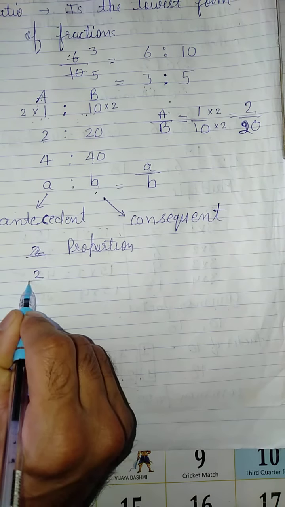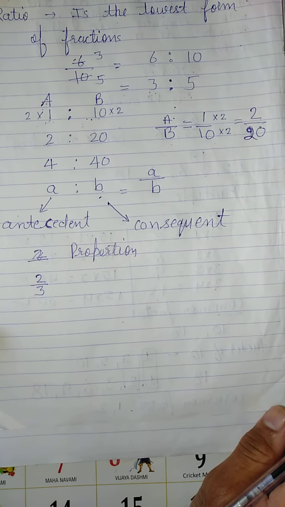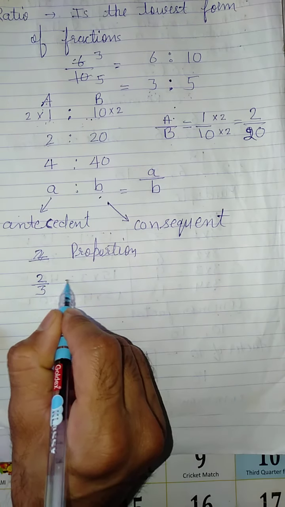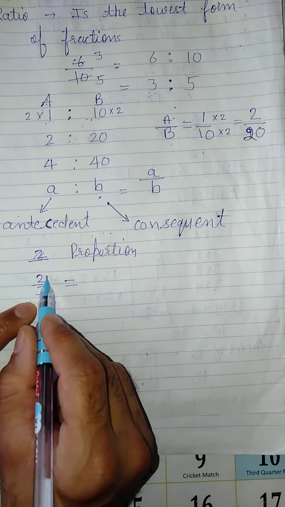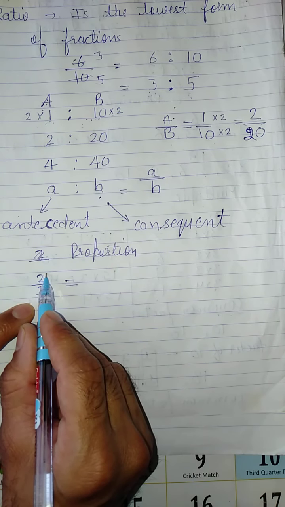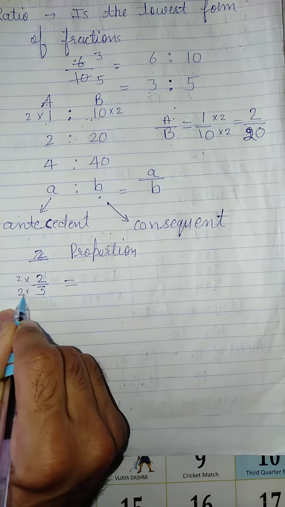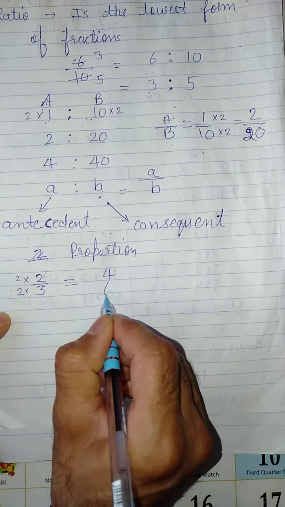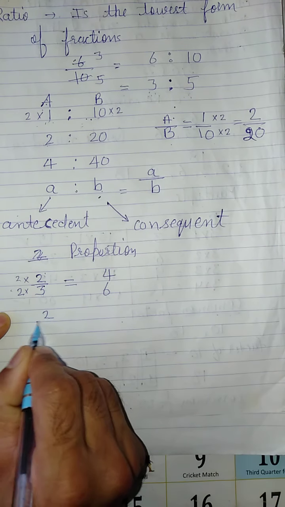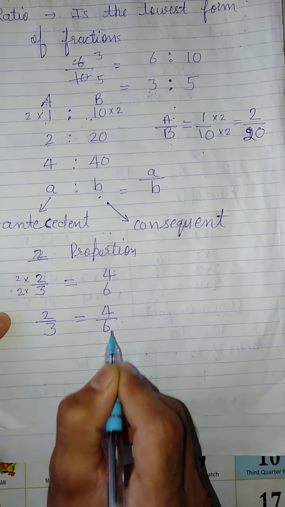One ratio is 2 upon 3 or 2 is to 3. This is equal to, if we multiply the antecedent and consequent by the same number, I am multiplying this one by 2 and this also by 2, 2 2s are 4 and 3 2s are 6. It means 2 upon 3 and 4 upon 6 are equal.